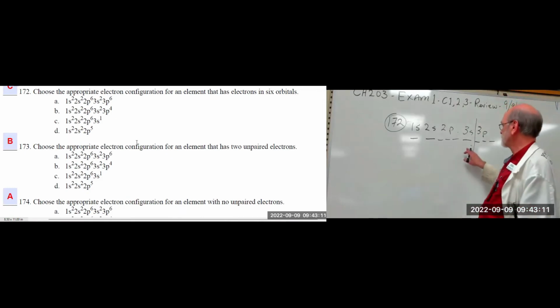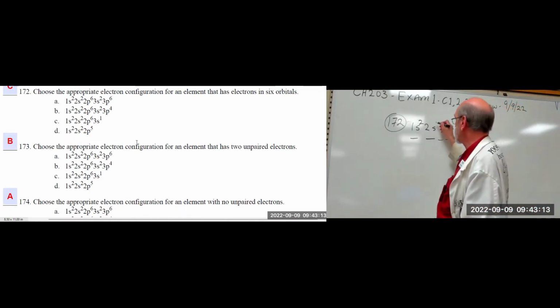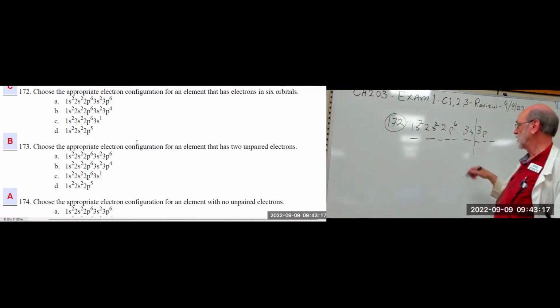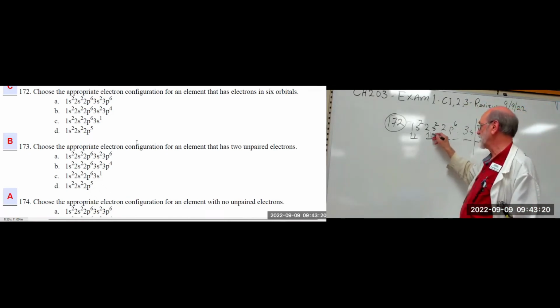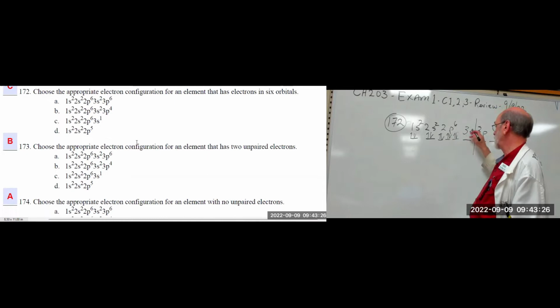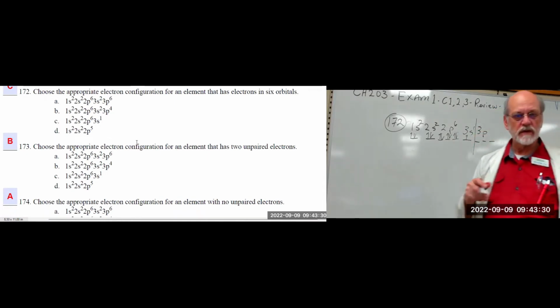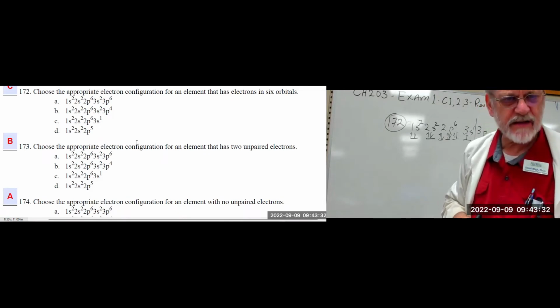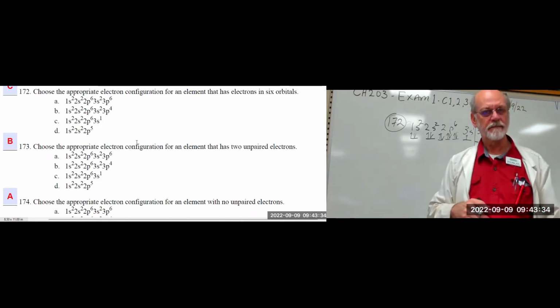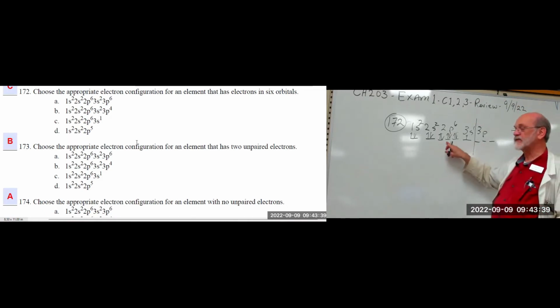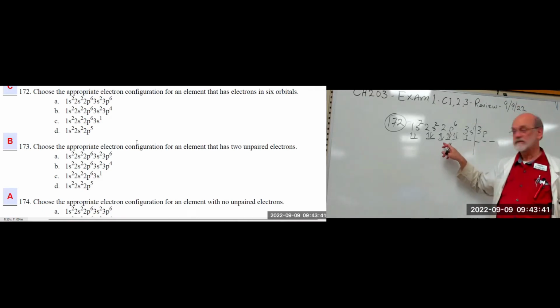So yeah, that's right. So you would have a 2 here, a 2 here, 6 here, and something here. Right. This would be like that, like that. And whatever's over here, you could have 1 or you could have 2. So the one that satisfies that condition is C. This is testing whether you remember that P's have 3 sublevels.